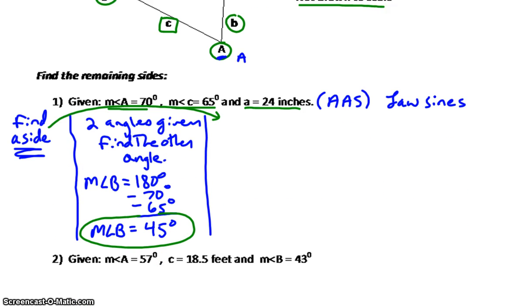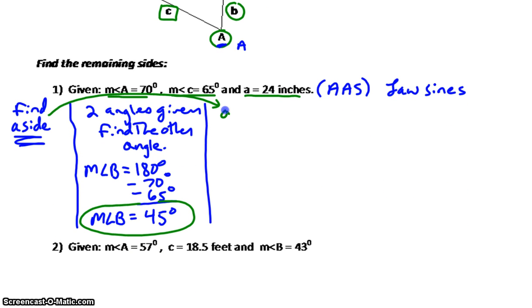So I'll go back here. I'm going to put my side A over sine of A, and that will equal whatever side I want. In this case, I'll choose C, which means I'll have it over sine C. Now substitute in, I have an A of 24, and a sine of 70 degrees, and that equals C over sine of C. Well, C is 65 degrees.